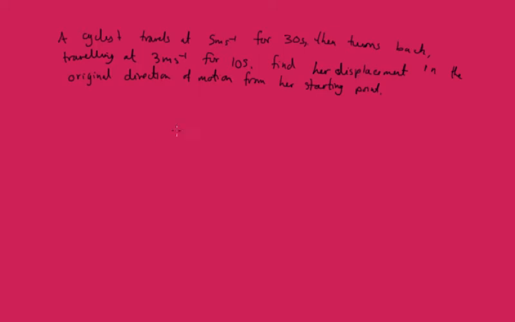So, if you think of our starting point here, the cyclist travels at a speed of 5 meters per second for 30 seconds. Then she turns back and is travelling at 3 meters per second for 10 seconds.